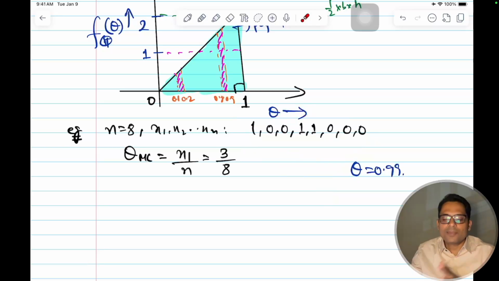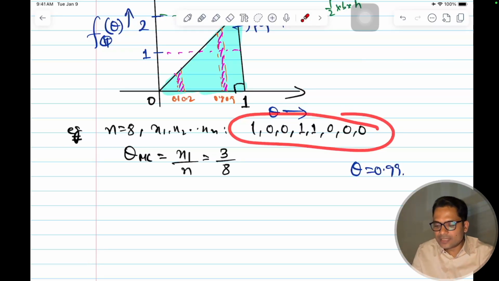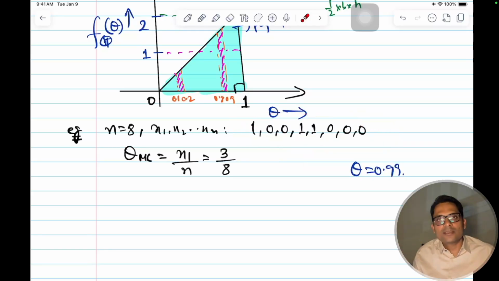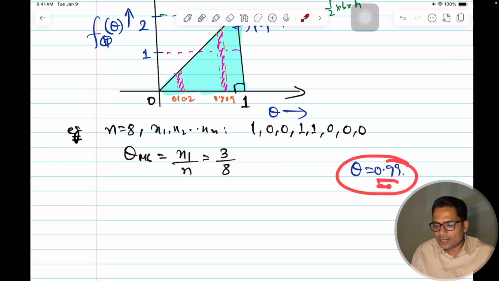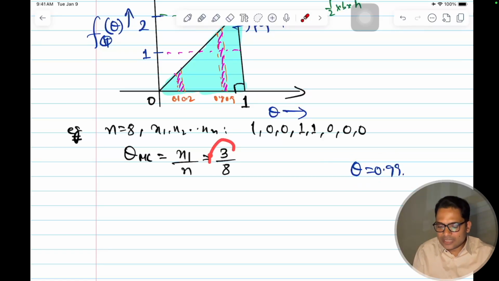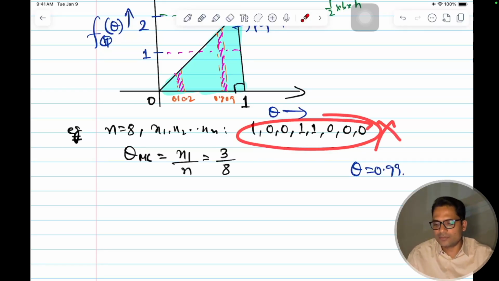So the probability of seeing such a series of events is possible even if theta is 0.99. So this estimate does not guarantee anything. We cannot deny the possibility of such an event.